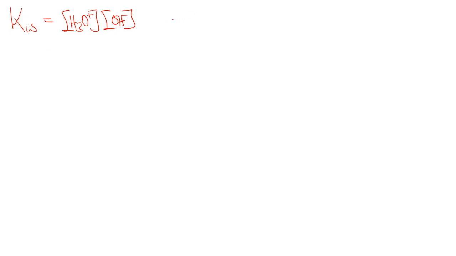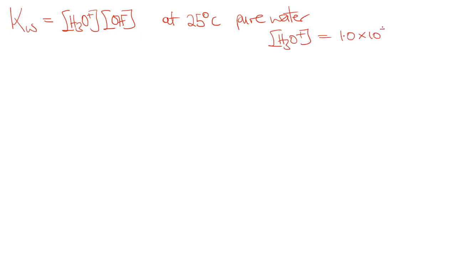But we know that at 25 degrees Celsius for pure water, the concentration of the hydronium ion is 1.0 times 10 to the negative 7 molar, and that of OH is 1.0 times 10 to the negative 7 molar. It's only when you have pure water.